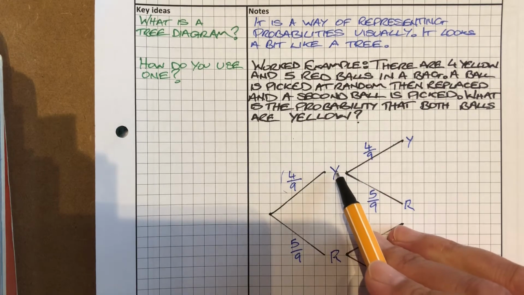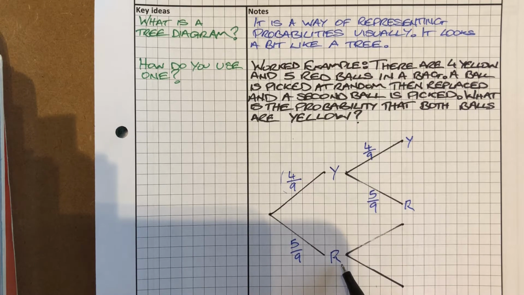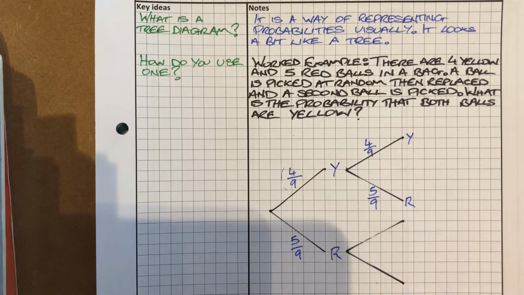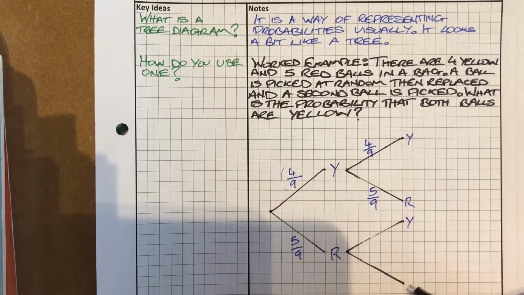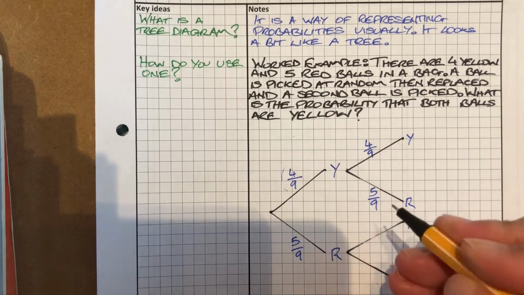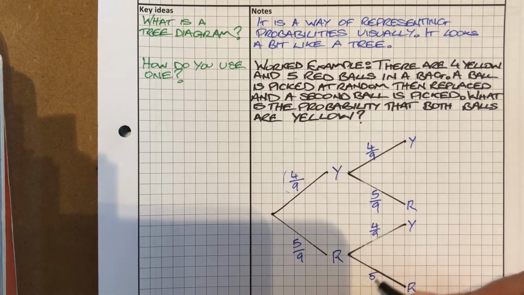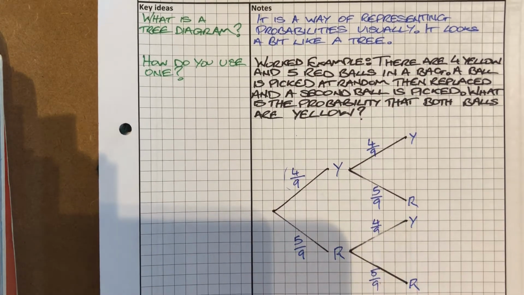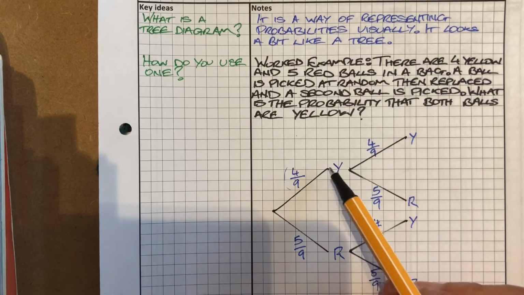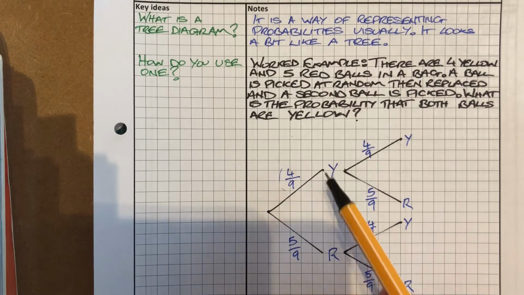But we might not have come to here. Our first ball might have been red, so we might have followed this path instead. And still, when we choose a second ball, it could be yellow or it could be red. And still, the probabilities are 4/9 and 5/9.